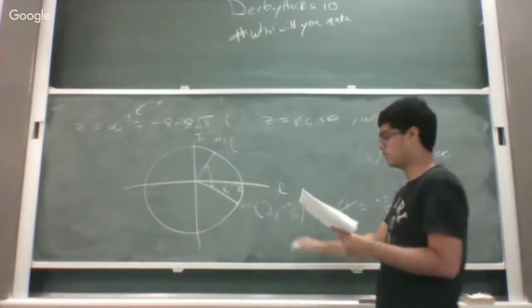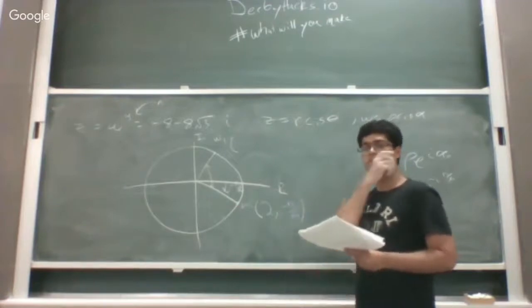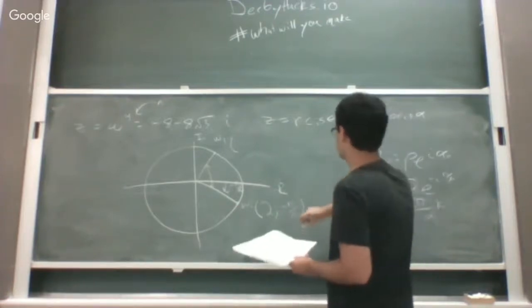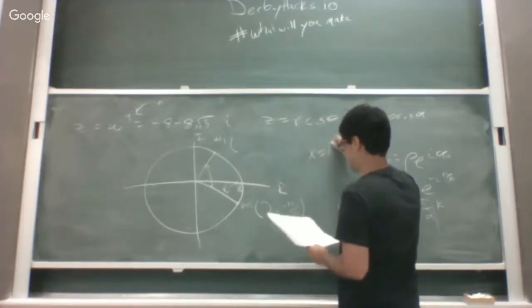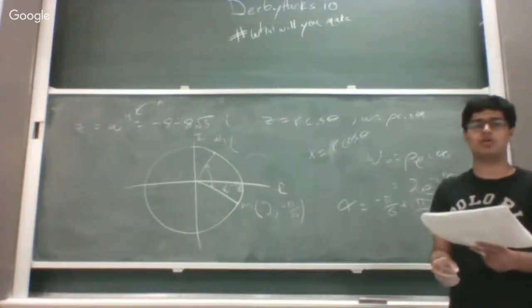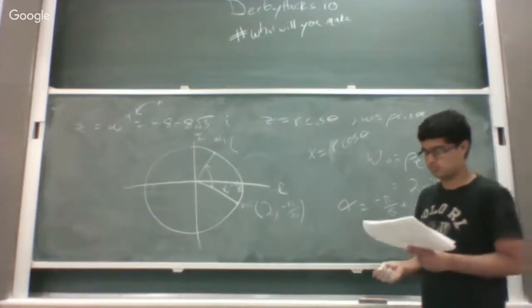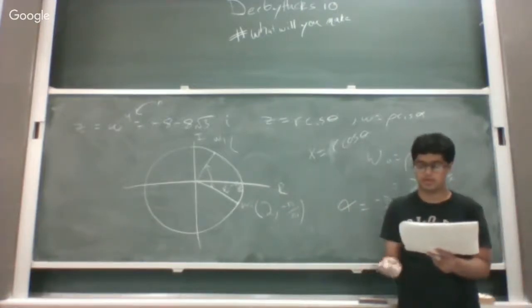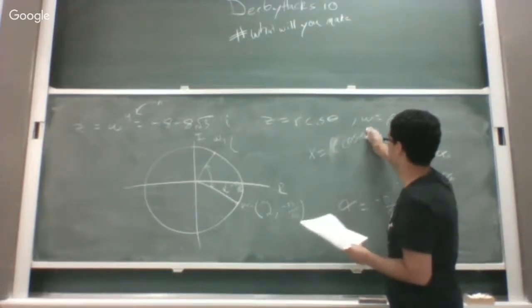You have to actually use your rho and your alpha. X is equal to r cosine theta. I think rho would be used at this point, not r anymore, and alpha.